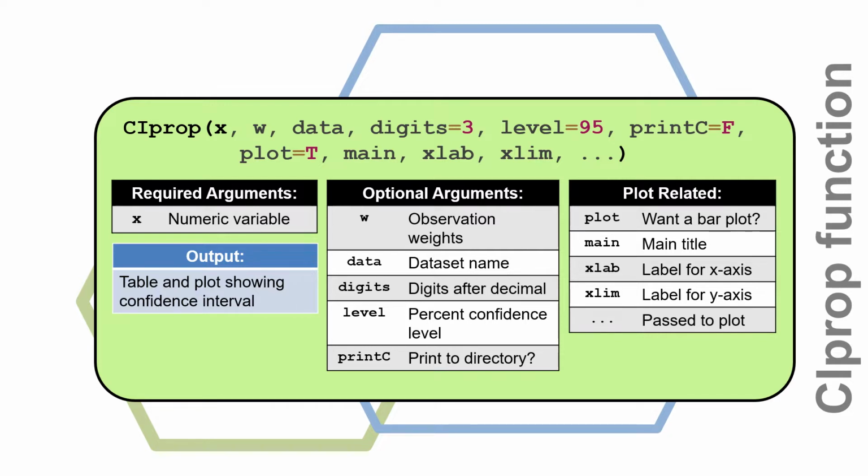If you're given a sample proportion and a standard error, and so don't need to calculate those statistics, and you want to find the confidence interval of that sample proportion, you can use the sampdistC function as a confidence interval calculator. To see how the CIprop function works, let's work through some examples together.